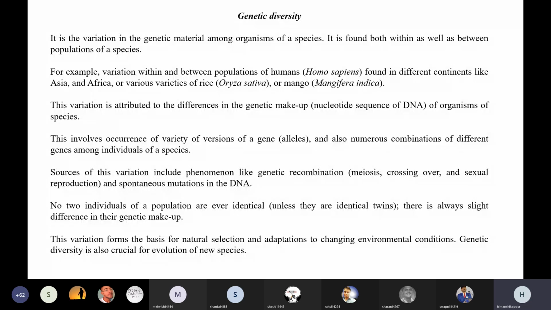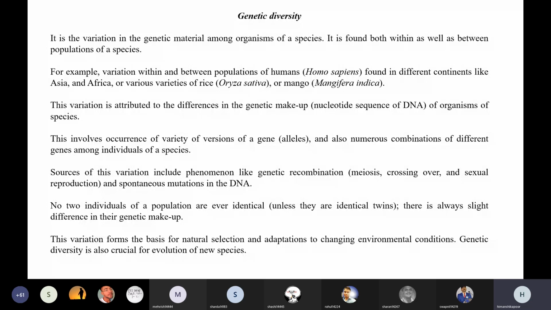We all know that DNA makes up our genetic material, and the nucleotide sequences it has, that is ATGC, make up the genes. Short segments of DNA make up the genes. Now in an individual, we have two copies of a single gene, and we discussed in the last class why this happens.